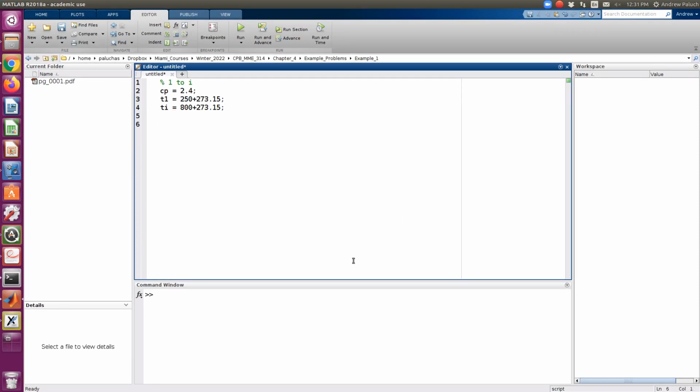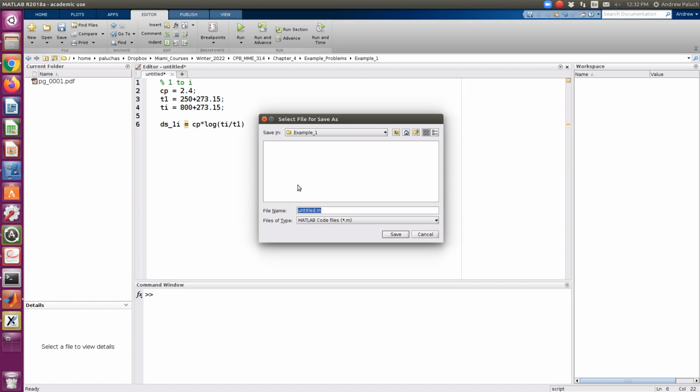So then I'll write ds 1i is equal to Cp times natural log of Ti divided by T1. The log of Ti over T1 is dimensionless, so the units are just the same as Cp.